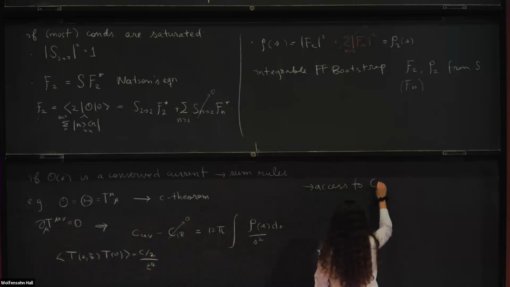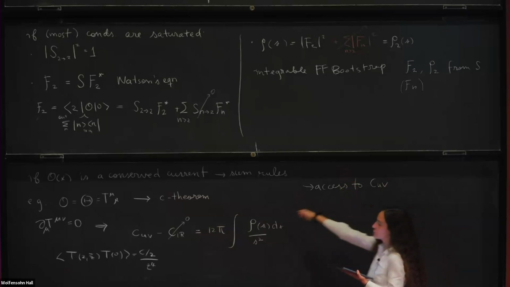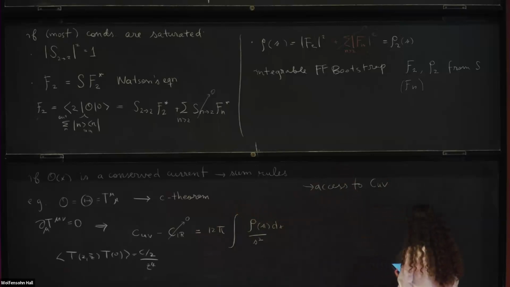Let's write it down: access to C UV. This is what the form factor bootstrap does if you input this operator, but you can look at other operators.